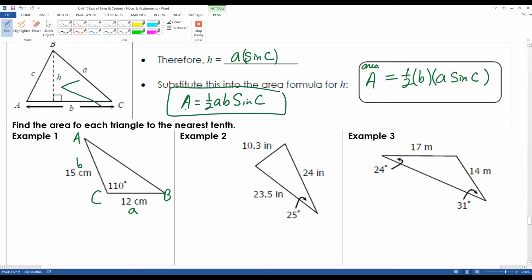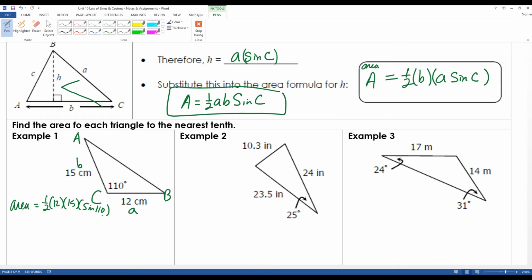Okay, and this capital A means area. So the area equals 1/2 side A, which is 12, times side B, which is 15, times the sine of that angle, 110. So then I break out the calculator, and I make sure I'm in degree mode.